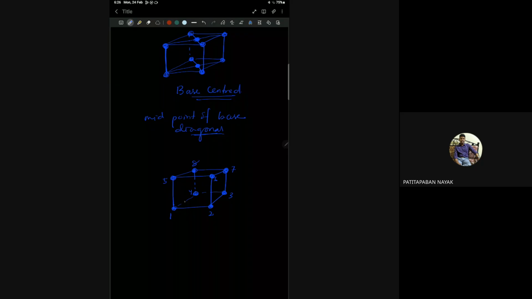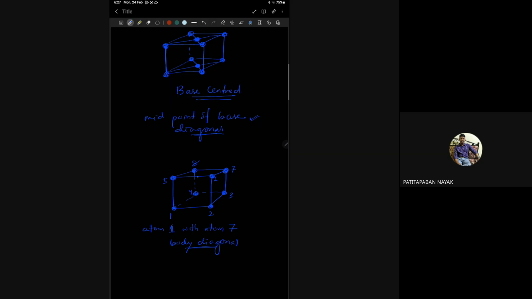So if I want to connect atom 1 with atom 7, that will be my body diagonal. The earlier case, it was the base diagonal. Now it is the body diagonal.